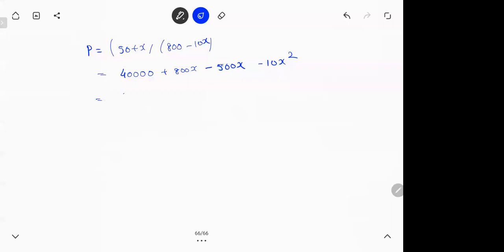So this would be 40,000 plus 300X minus 10X square. This is the quadratic equation.